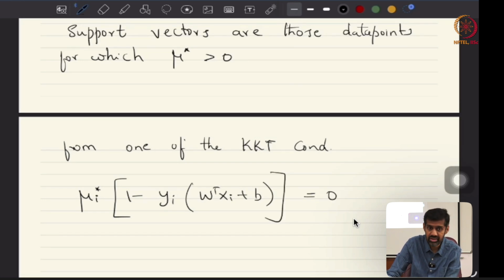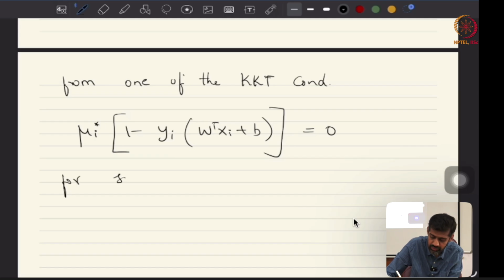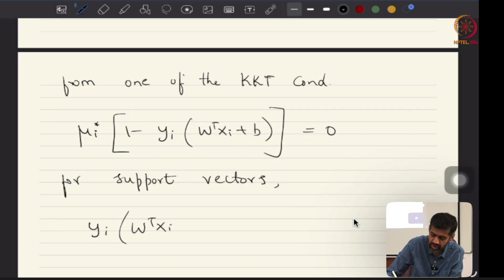This is called complementary slackness. Now for those mu stars which are non-zero, what will happen for support vectors? We have yi times (w transpose xi plus b) is equal to 1.